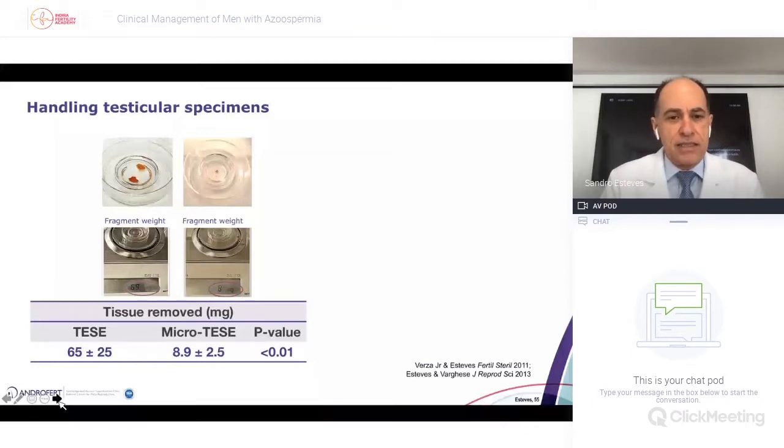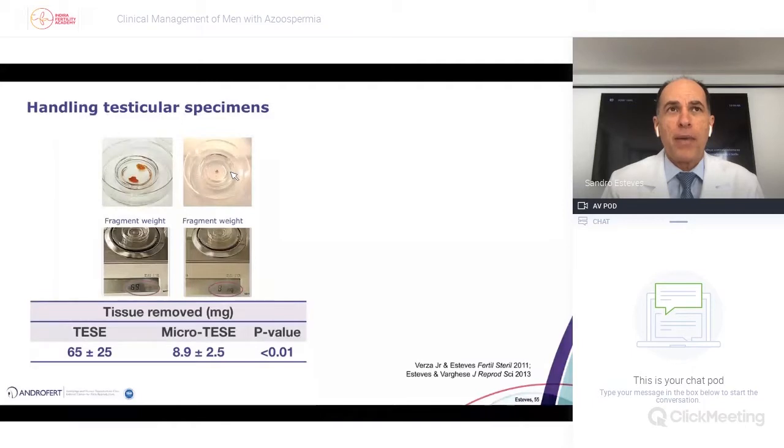With microTESE, we take less tissue, as you can see in this slide, in which for conventional TESE the tissue removed goes even higher than 60 milligrams, and with microTESE every piece is about 8 milligrams. So it means that we can decrease the amount of tissue extracted. And remember, tissue represents spermatogenic cells and also Leydig cells.